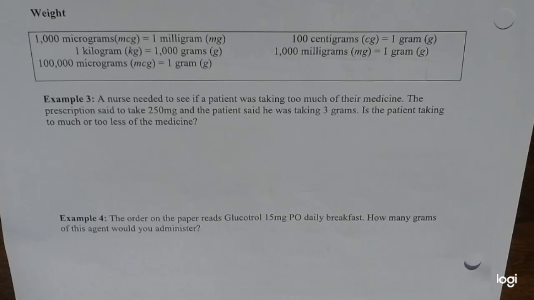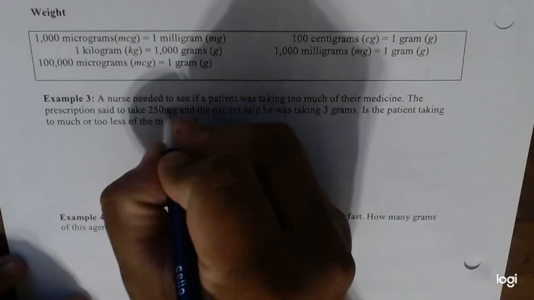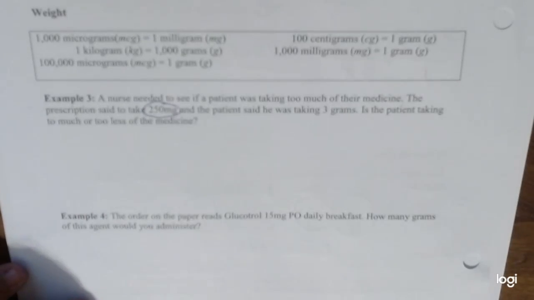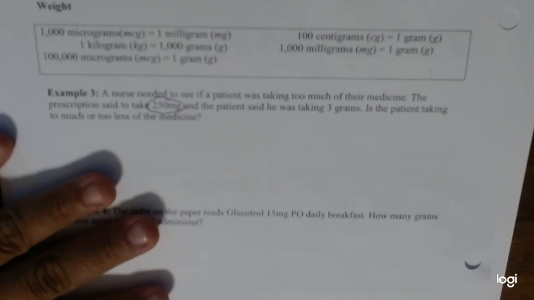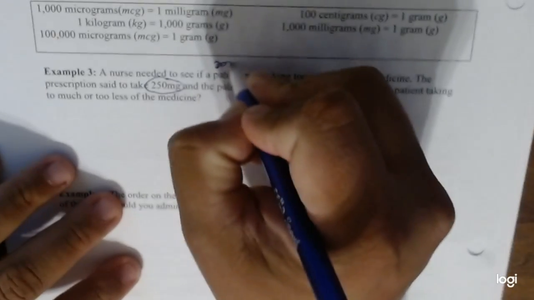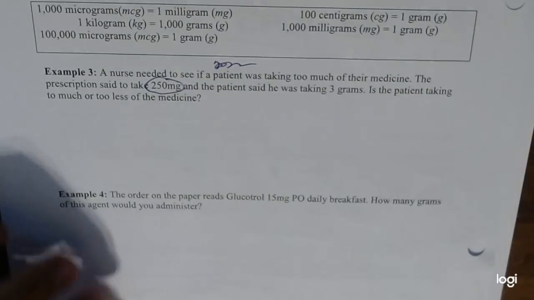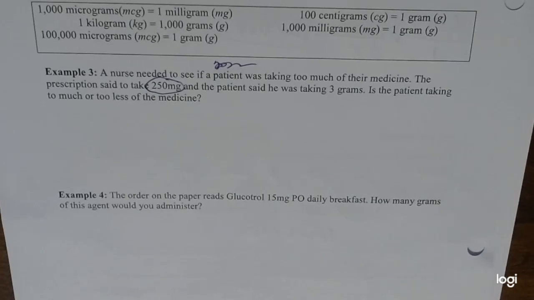So let's see. Example 3 says a nurse needed to see if a patient was taking too much of the medication. The prescription said that it takes 250 mg, that is milligrams, and the patient said he needs to take 3 grams.